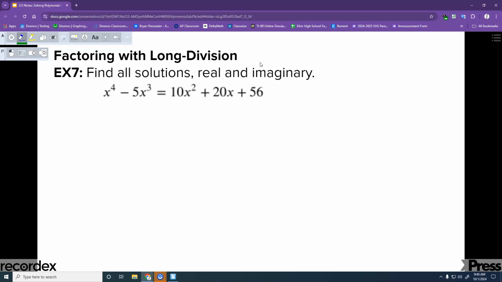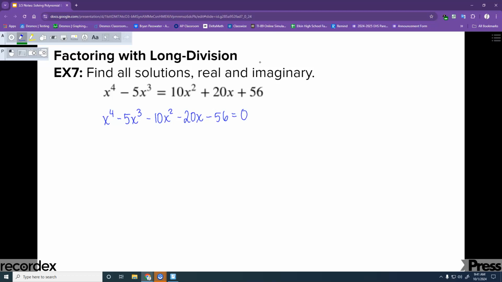All right. Okay. What do we need to do first? Everything to one side. That's what we always do first. So x to the fourth minus 5x to the third. When I move it to the other side, it just changes signs, right? So even if I don't write, I'm going to have negative 10x squared minus 20x minus 56 equals 0.